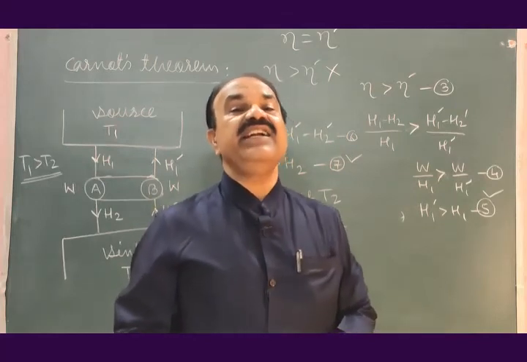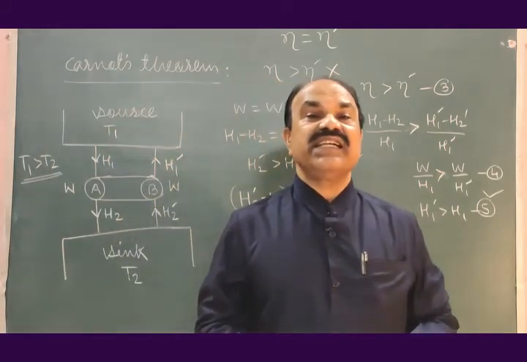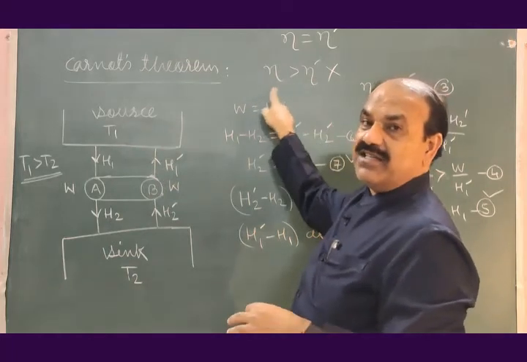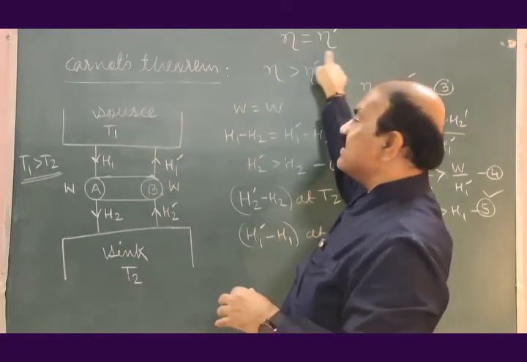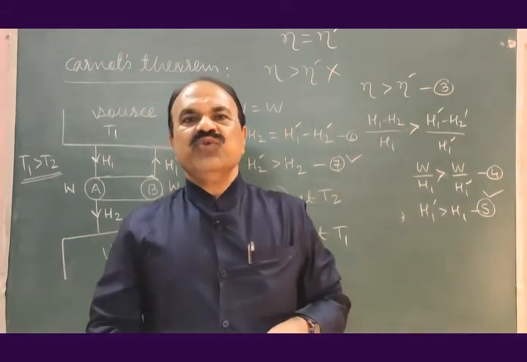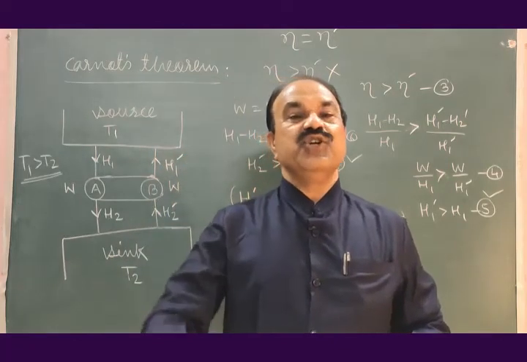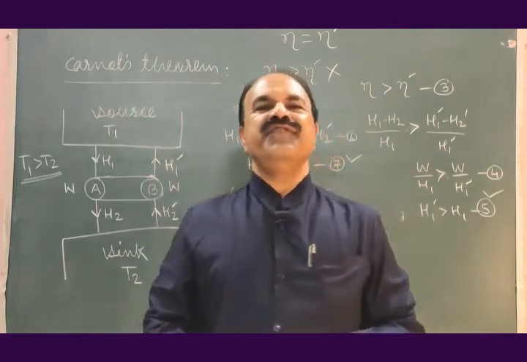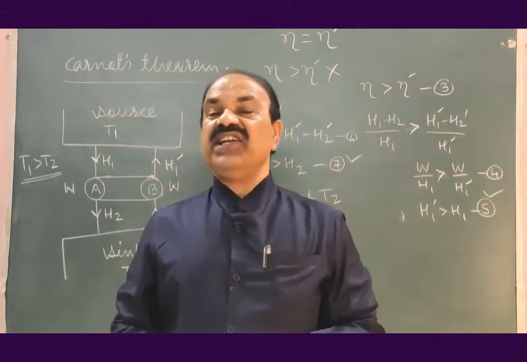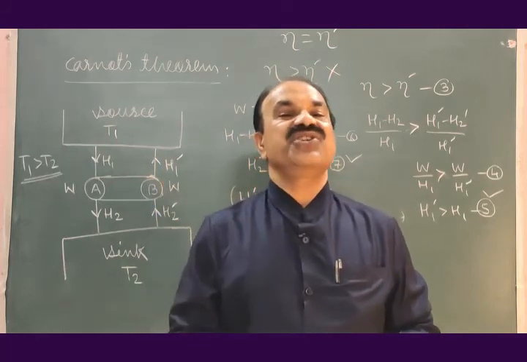Our statement is failed, and statement made by Carnot is correct, and therefore this is wrong. This is not correct, whereas this is correct. This is true. It means that two heat engines working between same two temperature limits should have same efficiency, and efficiency of any heat engine should not be more than efficiency of a Carnot's heat engine.